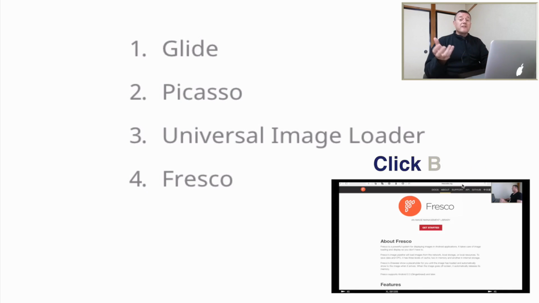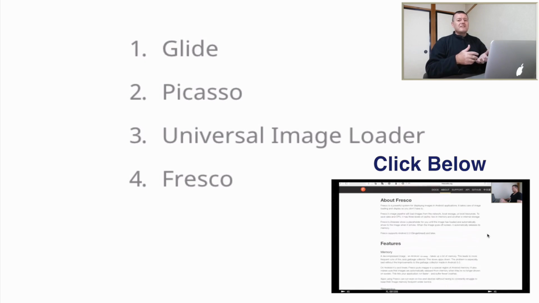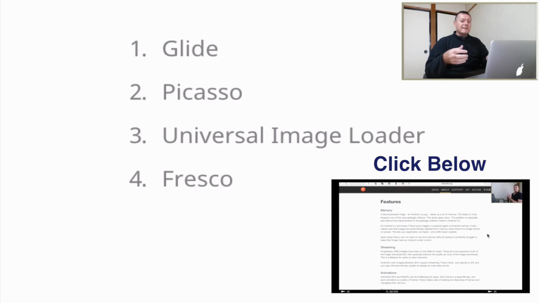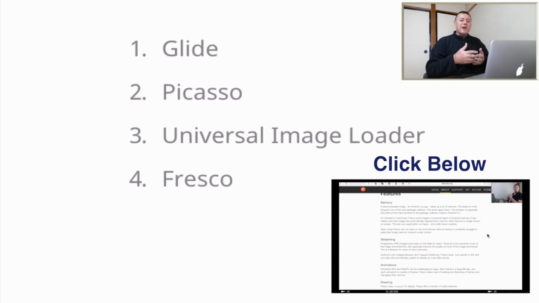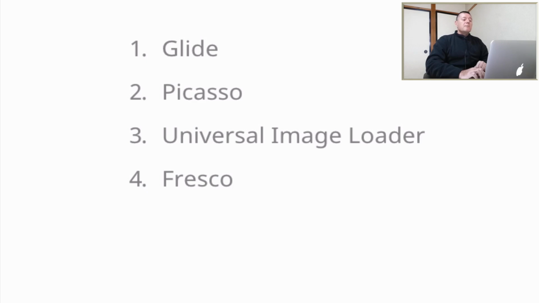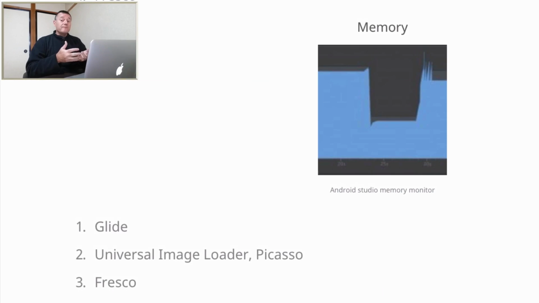And at the bottom we've got Fresco. With Fresco, you also have to do a little bit of initialization in an application derived class, but you also needed to create your own view prior to actually calling the API. And so I felt with that extra level of work involved, Fresco in this case finishes bottom just for the setup.